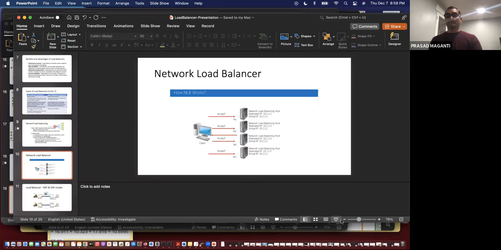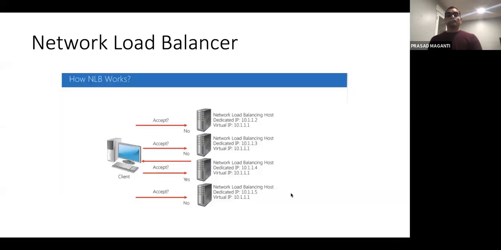So if you look at this, forget about this part, just look at this part, for example. There is only one virtual IP which is common, even though it's different hardware which has a dedicated IP, 1.2, 1.3, 1.4, 1.5, whereas the virtual IP is what will be exposed to the end user.